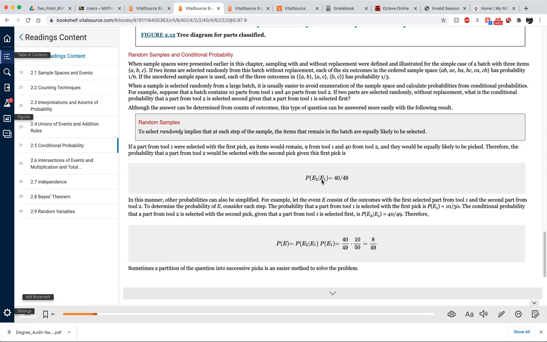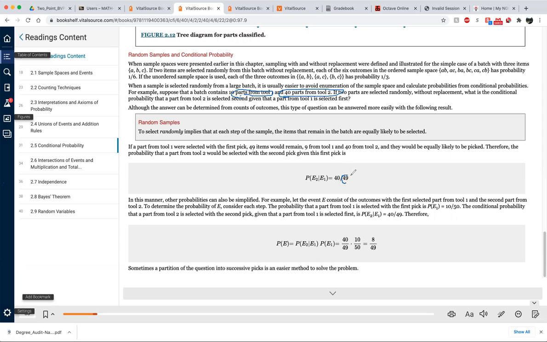How many parts in total did we have? 50, right? 10 from tool 1 and 40 from tool 2. But we already got one part from tool 1, and replacement is not allowed, so the total number of outcomes in the sample space is reduced to 49.